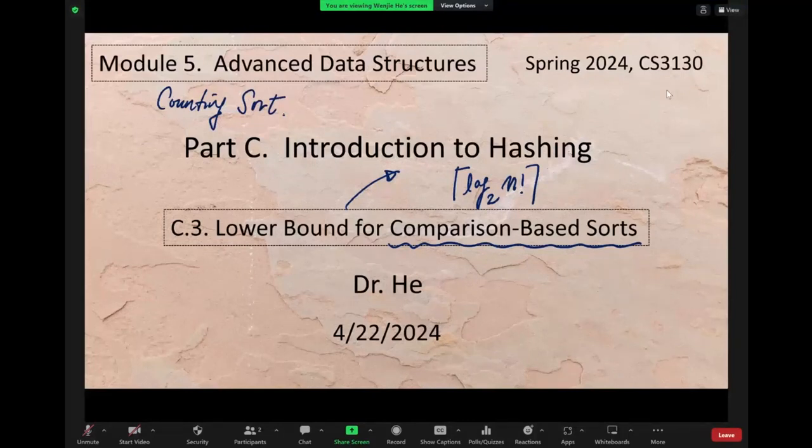We do not use any comparison in this sort. You can see the main operation we use is counting. We just count the number of elements. That operation we do not need to do comparison, right? But this is another general purpose sorting algorithm, comparison based.